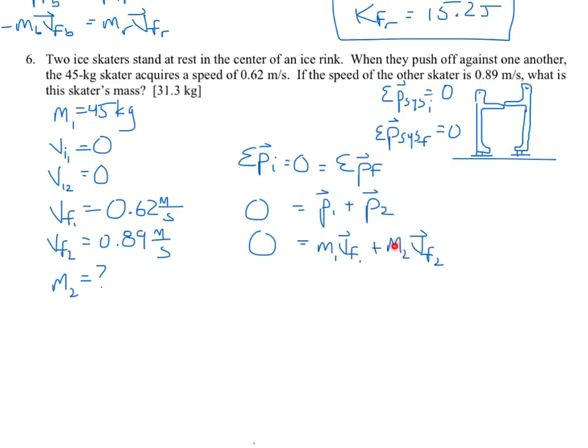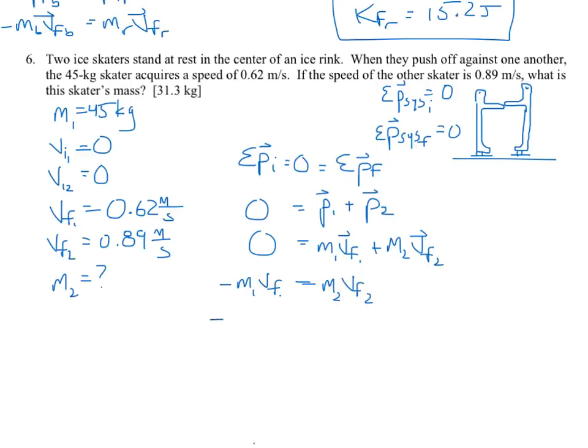Let's get everything else away from that side by subtracting over m1 v final 1. So negative m1 v final 1 equals m2 v final 2. We're still solving for m2, so let's divide down v final 2.